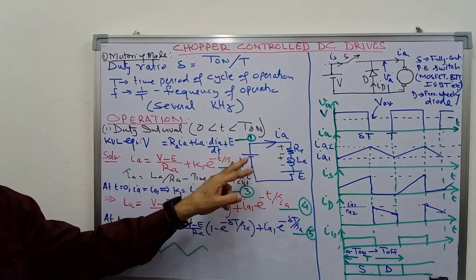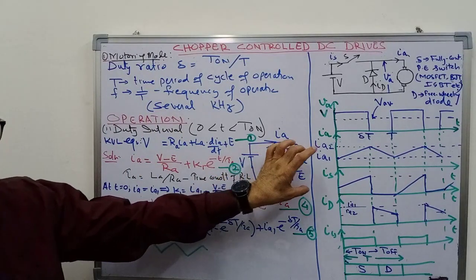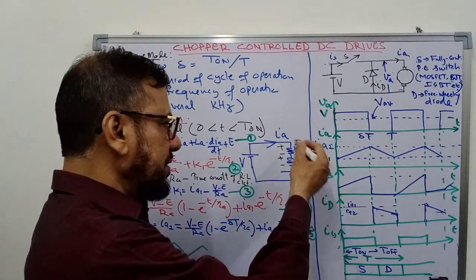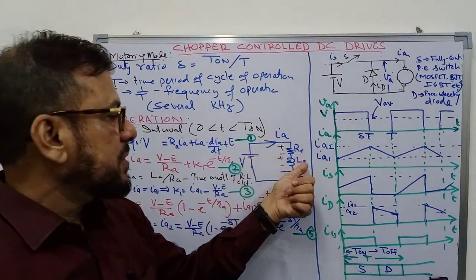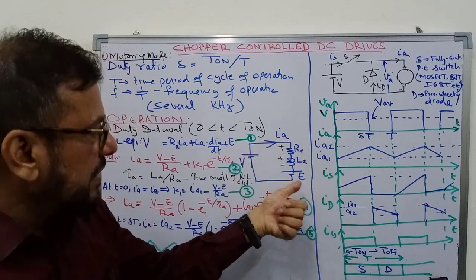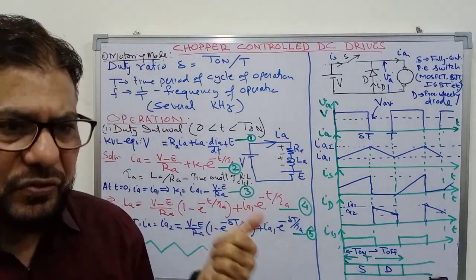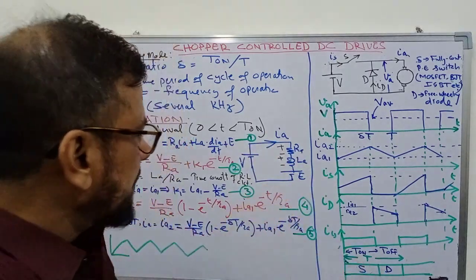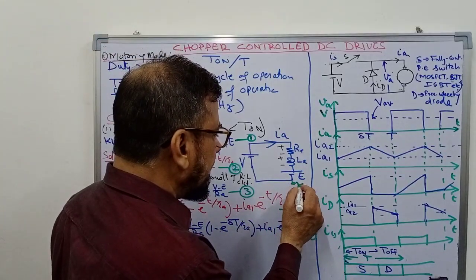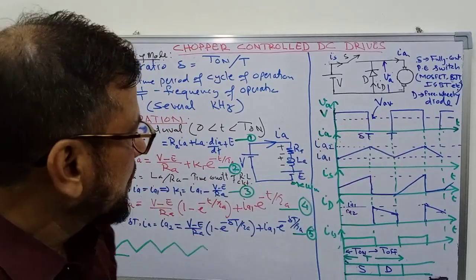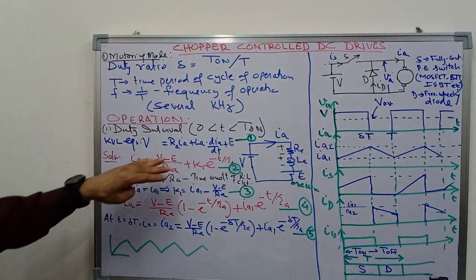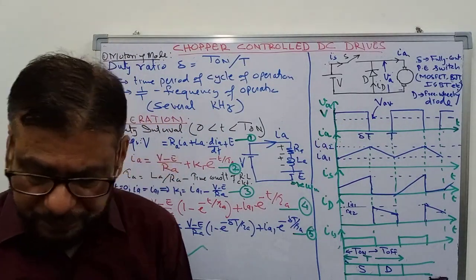During the duty interval, voltage V is connected across the motor. The motor I have shown by its equivalent circuit, that is the resistance of the armature, inductance of the armature, and the back EMF, which you can treat as a constant voltage source. This E will be equal to K omega M, that is the speed corresponding to the average voltage here.